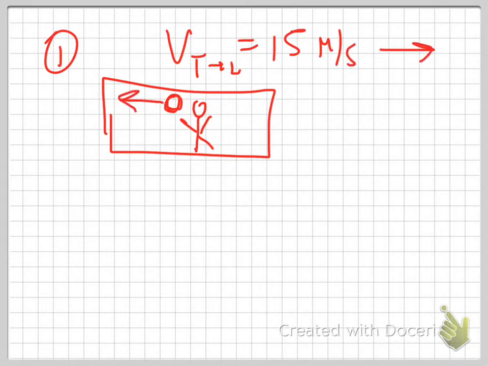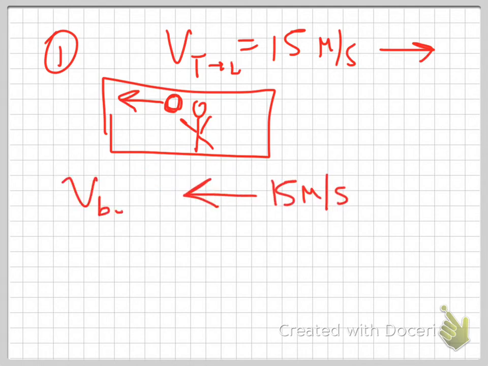They throw the ball at 15 meters per second that way. Velocity of ball with regards to train. What is the velocity of the baseball relative to the Earth as it leaves the thrower's hand?